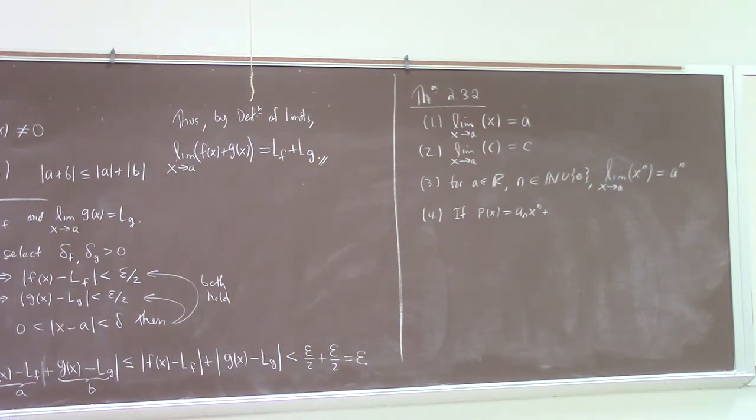We already proved last class that the limit as x goes to a of x is equal to a. That was my first proof, right? The delta equal to epsilon one.